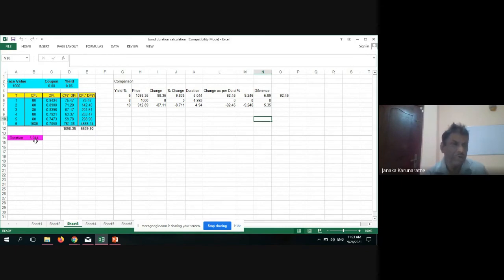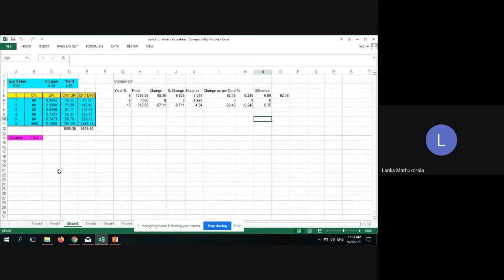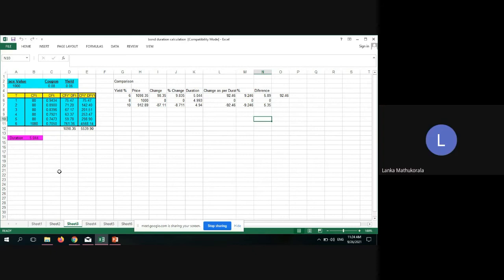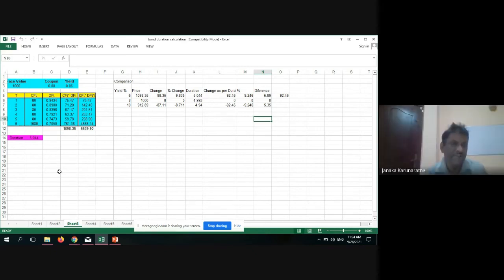Now you will understand why this concept is important. For example, how many of you are managing long-term funds in your bank, or maybe in the past? When you manage long-term funds and make investments, this is important.